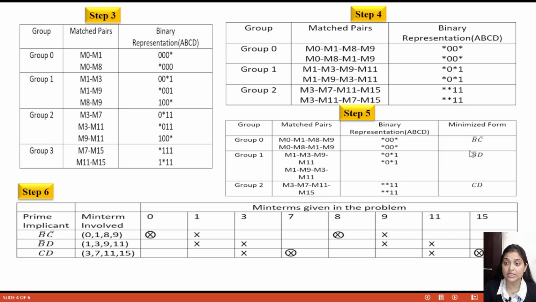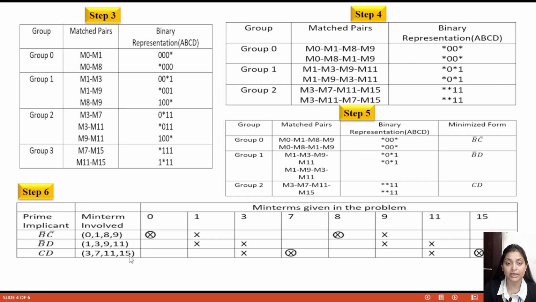In the case of B bar D, that means prime implicant B bar D, here it involves 1 3 9 11. So here also written 1 3 9 11. And in the case of CD, it is written 3 7 11 15.